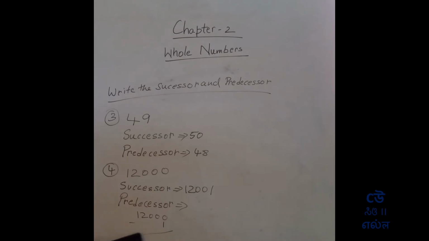So 0 minus 1, so 10 minus 1 is 9, you will get 1 here. 9, 9, 9 is there, then 1, 1. So what is the answer we got, children? 11,999 is the predecessor number. Okay. If you have difficulty in finding the before number and after number, you can use this method and solve the problem. Okay.